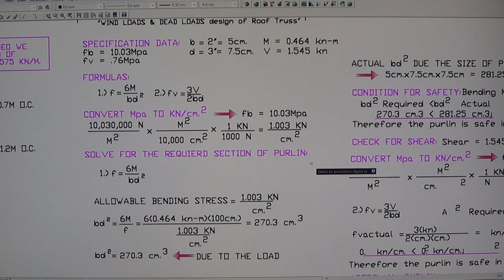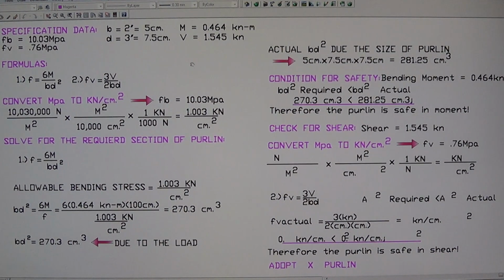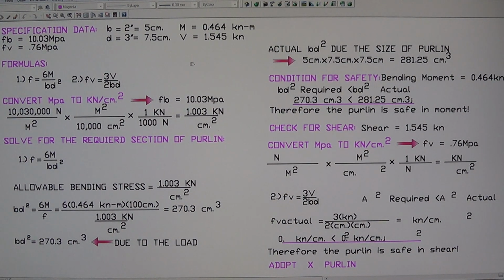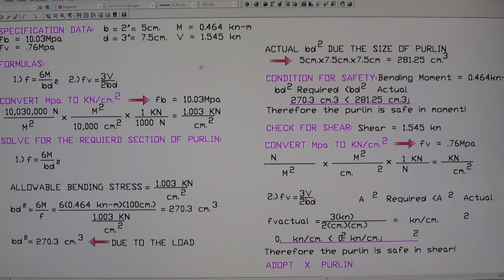Now let's solve the actual. So we have the actual size of the purlin, which is 5 centimeter by 7.5 centimeter.